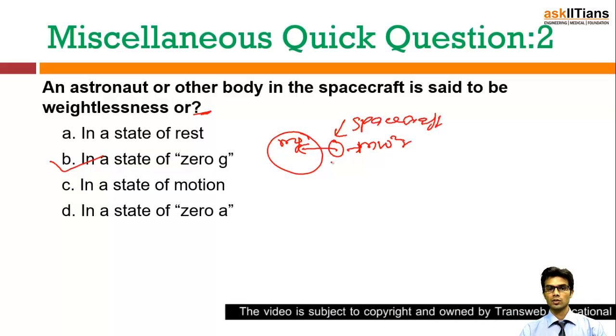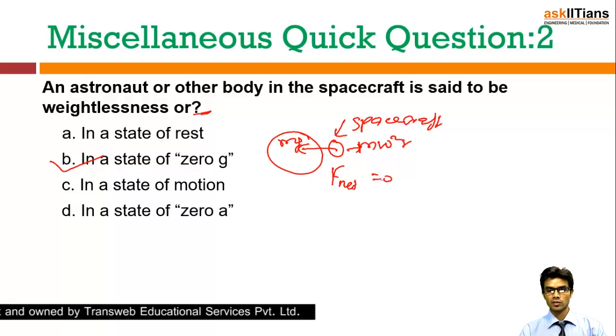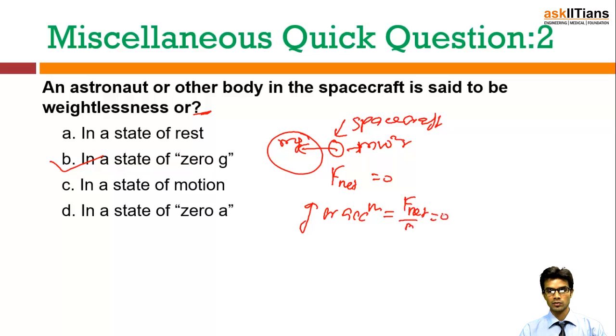So here F net is equal to 0, so g, or acceleration, is equal to F net by m, which is 0. Since F is equal to 0, that's why it is a state of zero gravity.